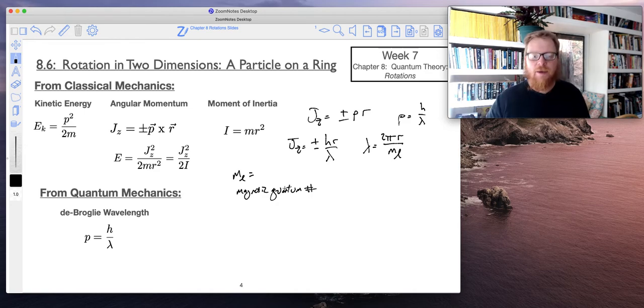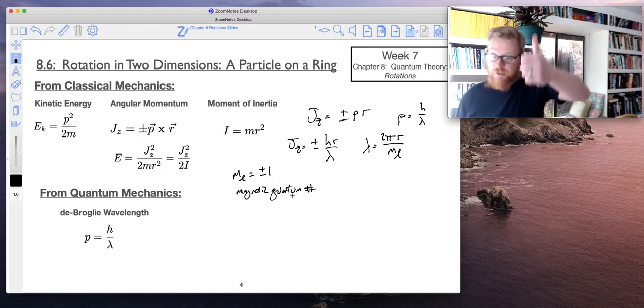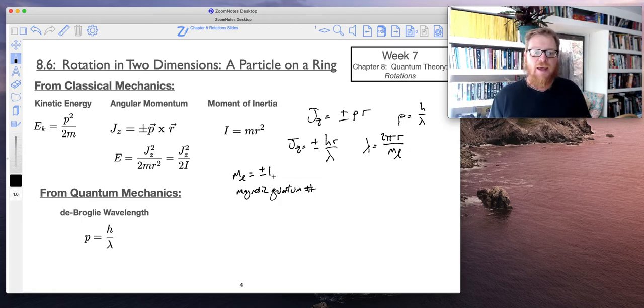So when we try to figure out how we're going to do this closed loop motion, we recognize it's got to be in integers of 2 pi, or these circuits of 2 pi. So that means plus or minus 1 is okay, and again the plus or minus is for the change in angular momentum. It means that plus or minus 2 is okay as well.